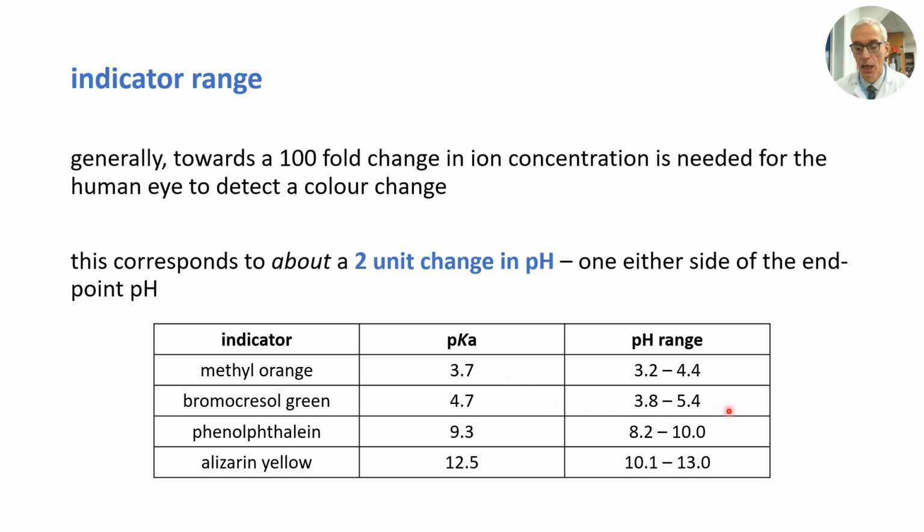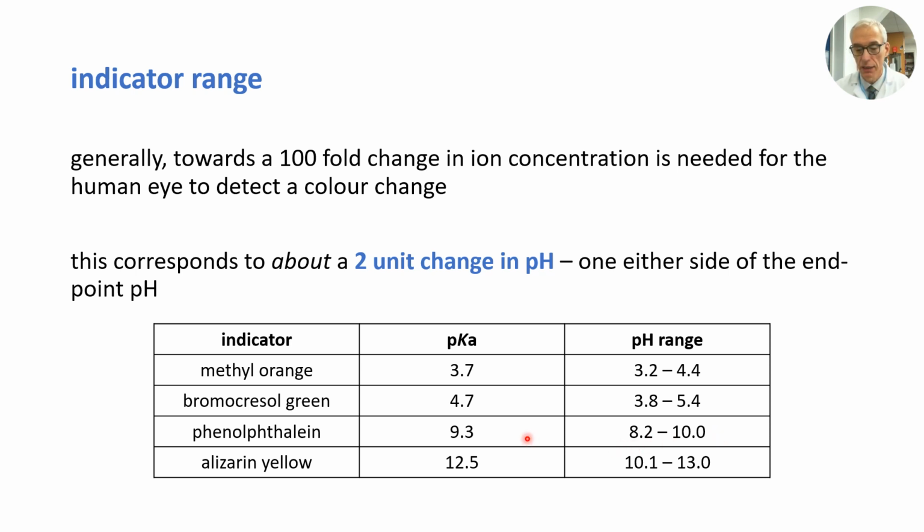Bromocresol green, pKa value 4.7, so the indicator endpoint at pH 4.7, the range 3.8 to 5.4. These are from a data book, but they follow the trend of being one above and one below the indicator endpoint pH.